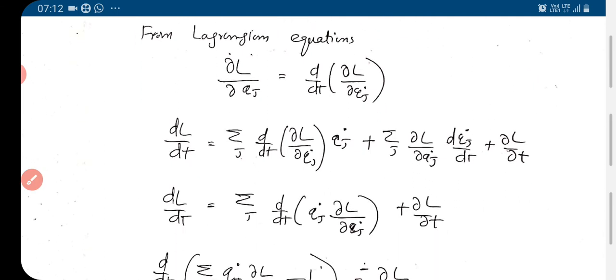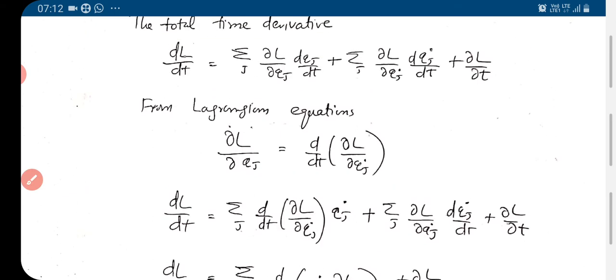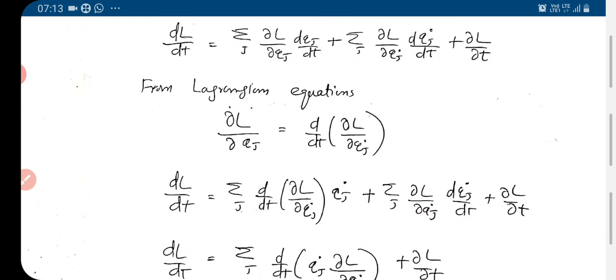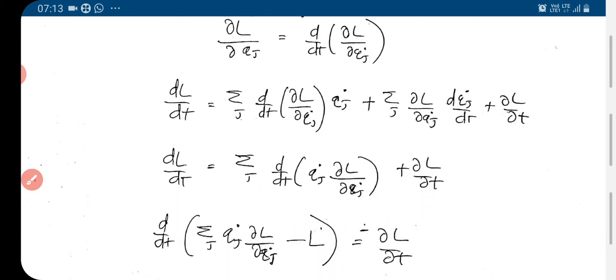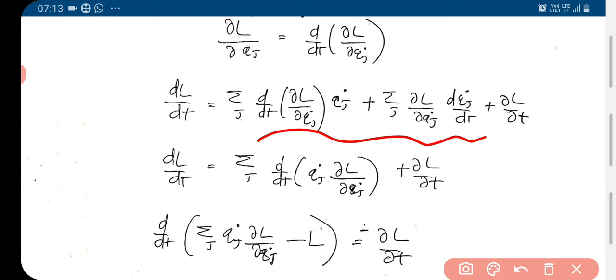We substitute that, and here we have sigma d/dt of ∂L/∂q̇j. dqj/dt becomes q̇j, so we have sigma j ∂L/∂q̇j dq̇j/dt. So dL/dt is now, these two we combine, because when we take the product rule, d/dt of q̇j ∂L/∂q̇j, we will be getting this.